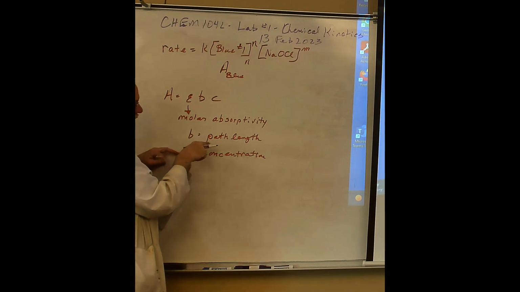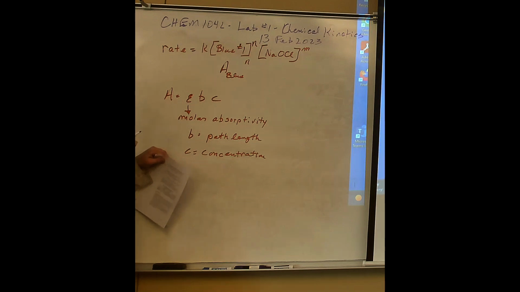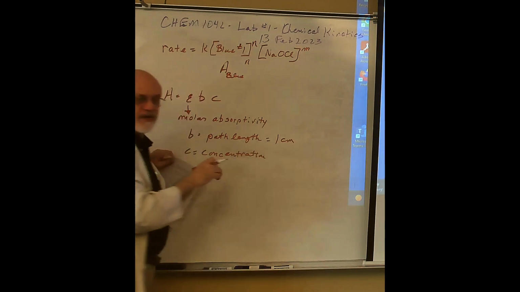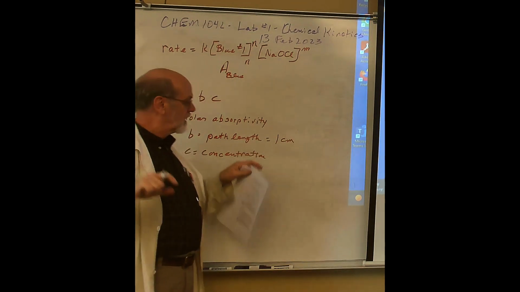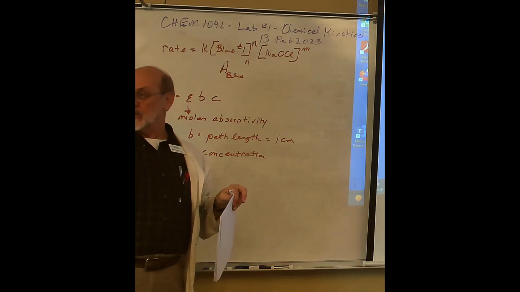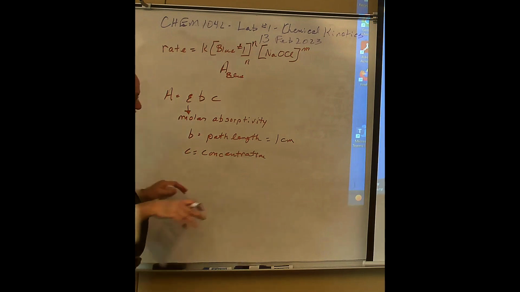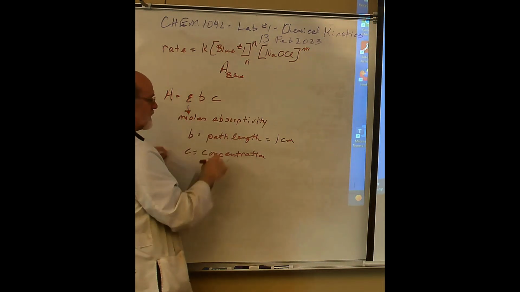Notice that if the path length gets longer, absorbance gets bigger. Our path length is standardized at 1 centimeter. The cuvettes, that's what we call those little tubes we're going to use, have exactly 1 centimeter path length. So we don't have to worry about that. That stays the same. The molar absorptivity is constant also.